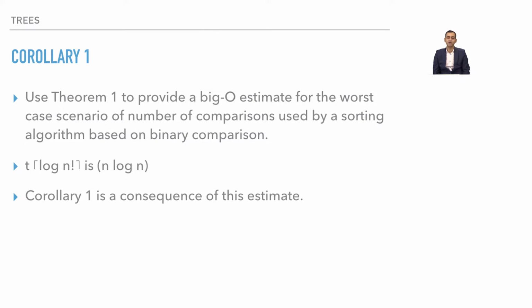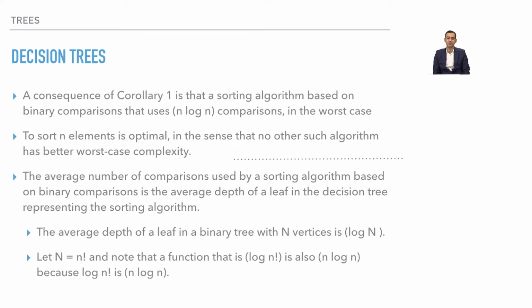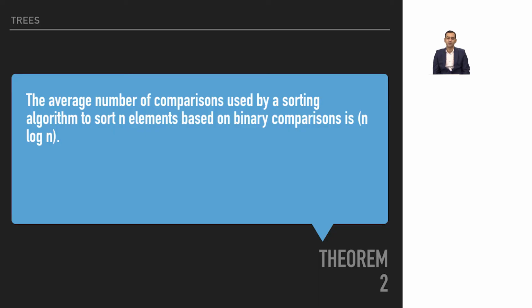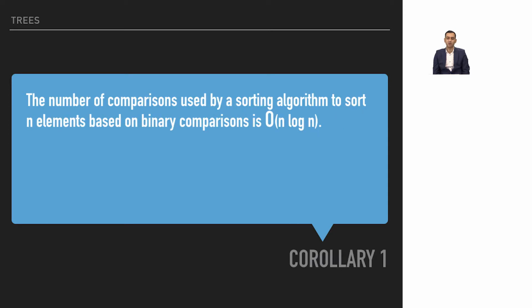We need only note that log n factorial is basically n multiplied by log n, one of the commonly used reference functions for the computational complexity of algorithms. Corollary 1 is a consequence of this estimate. The number of comparisons used by a sorting algorithm to sort n elements based on binary comparisons is big O of n multiplied by log n.